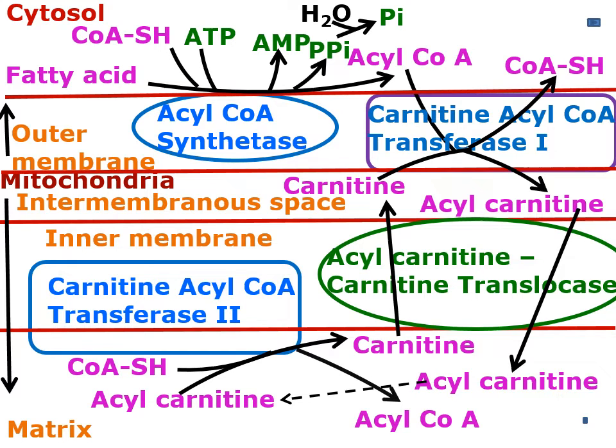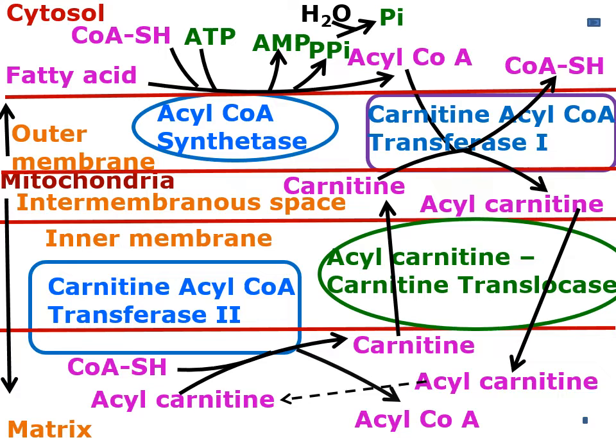Mitochondria has two membranes, the outer membrane and the inner membrane, and between them there is a space called the intermembranous space. In the presence of coenzyme A and acyl-CoA synthetase as the enzyme, the fatty acid gets activated to acyl-CoA. During this process, two molecules of ATP are used.